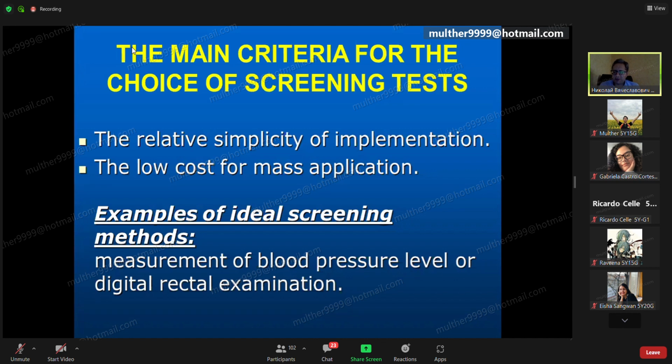An ideal example, the gold standard, so-called ideal screening method, is the measurement of blood pressure level, inexpensive, available, very simple, and also digital rectal examination, but both methods can give us very valuable diagnostic information.